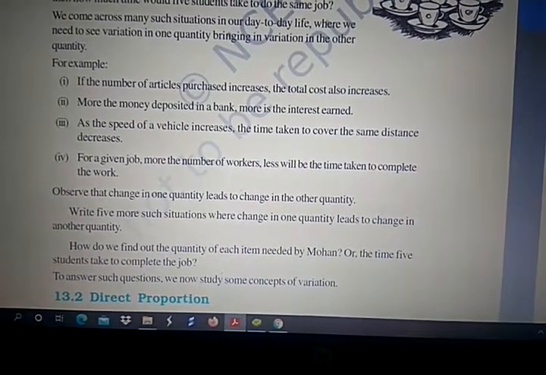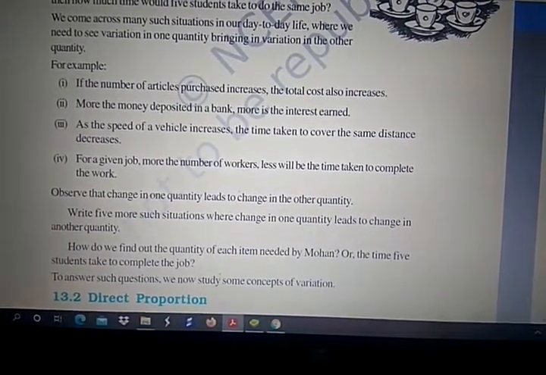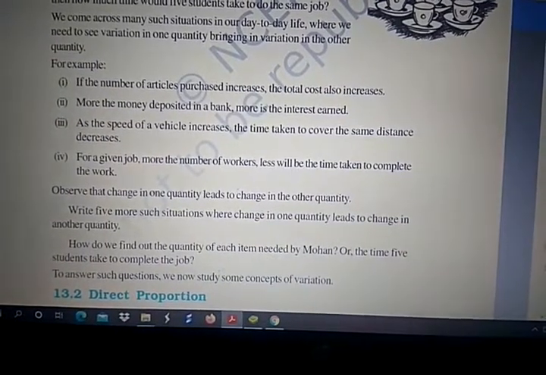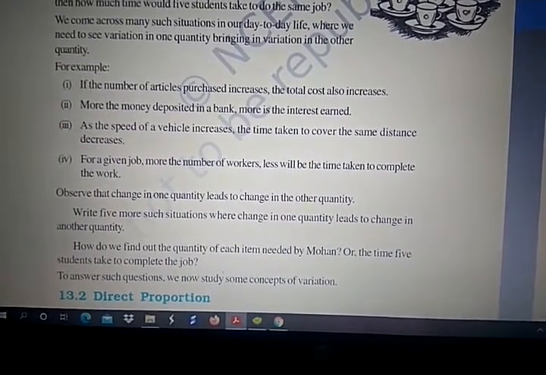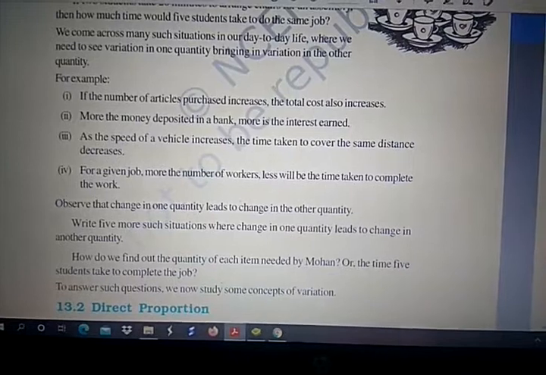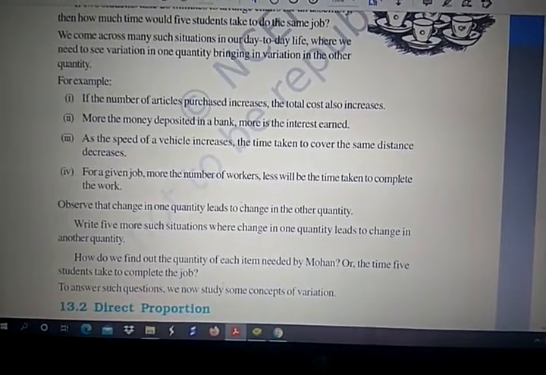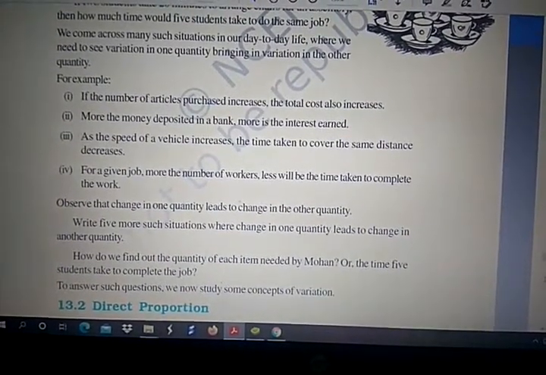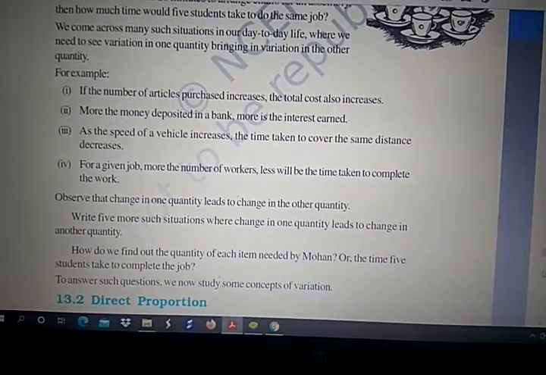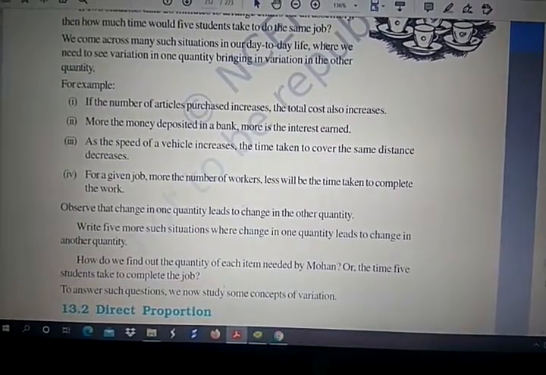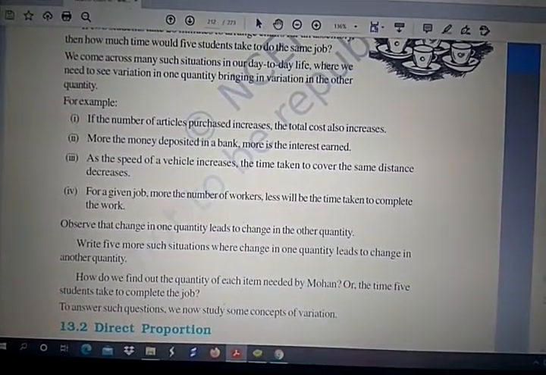Now here one increases and the other decreases, but we are talking about one increasing, the other also increasing; one decreasing, the other also decreasing, right? There are so many examples that you can take in direct proportion.